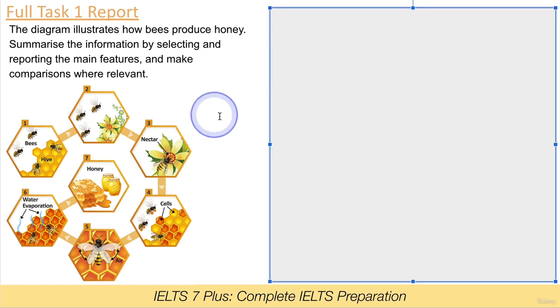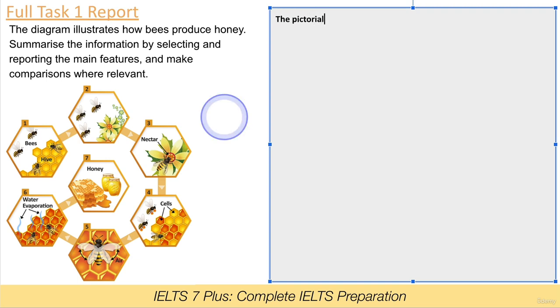And like with any task one, we start with paraphrasing. So we can say the diagram illustrates how bees produce honey. Okay, very short, to the point.